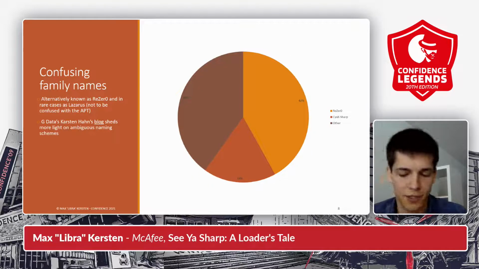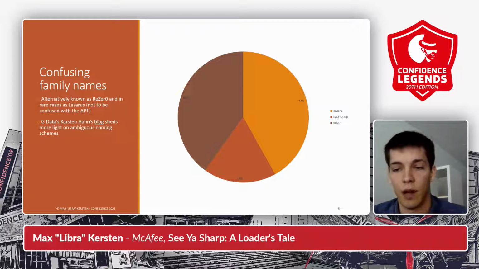So, like I started the talk out, the CyaX-Sharp loader, as we refer to it, has multiple names. The other common name for it is the ReZero loader, and in some cases also Lazarus, but this is not to be confused with the APT. This is, well, surely distinct.